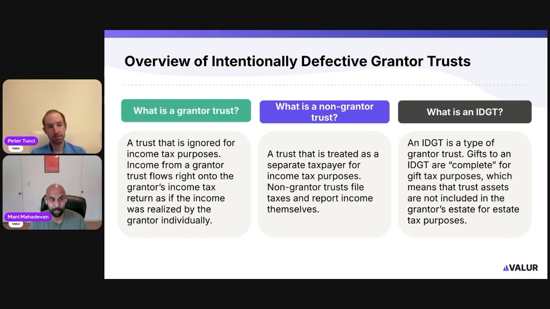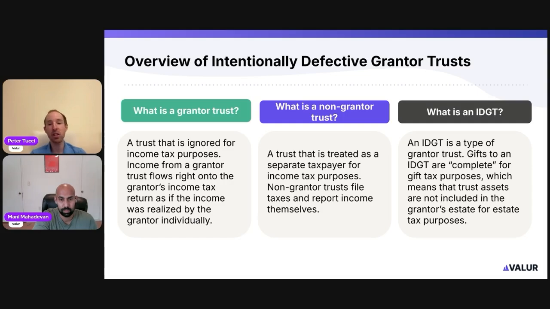And now we'll explain why anyone would want to make their grantor trust defective on purpose. The G in IDGT is grantor, so an IDGT is a type of grantor trust. For income tax purposes, it's ignored. But unlike your revocable living trust, it's not ignored for gift and estate tax purposes.